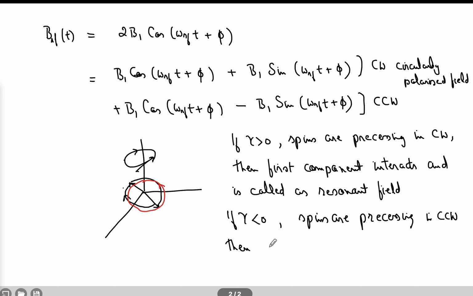Then the second component becomes the resonant field. The other one becomes non-resonant.